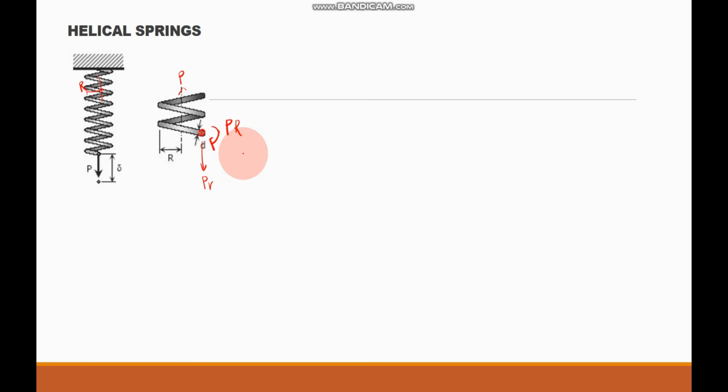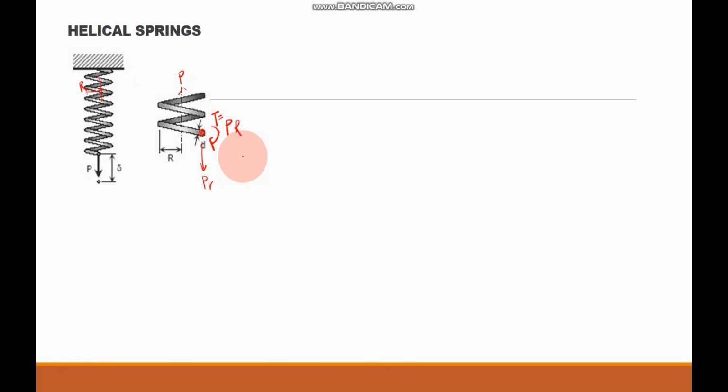So this is a resisting couple that is created by a torsional shearing stress distributed over the cross-section that is equal to P multiplied by R. So the moment or the couple is equal to P multiplied by R.